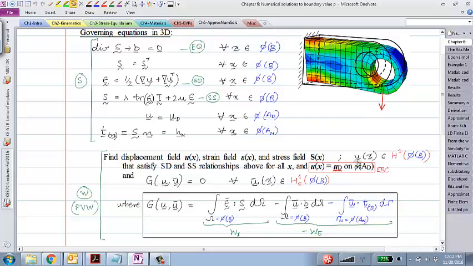And actually, since we'll restrict ourselves to small deformations, you can make a sweeping approximation and freely interchange x and z.